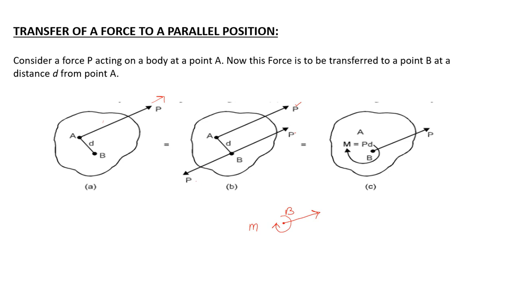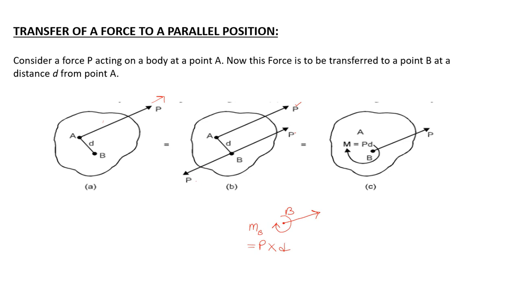This is the moment of the couple about point B, and it will be given by P into d, where P is the magnitude of the force and d is the distance between the two forces.